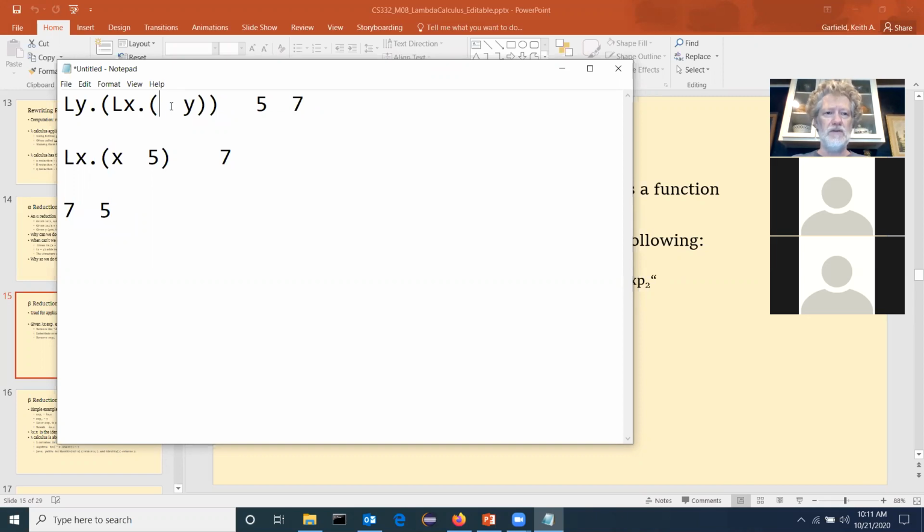I'm going to swap these around. And I'm going to change that 5 to that. Can you see any situation where I can do any kind of a reduction here?